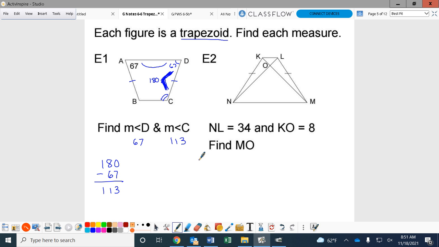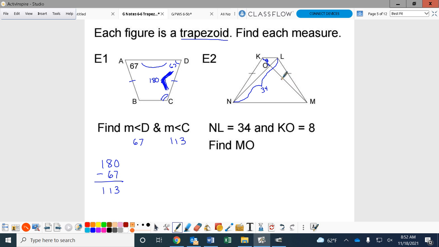On the next one, NL, this length for this diagonal right here, which diagonals in a trapezoid look really weird, but that is the diagonal of that trapezoid. This whole thing from here to here is 34. It tells us that KO is 8 right here, on this part from just here to here, and it wants us to find MO.